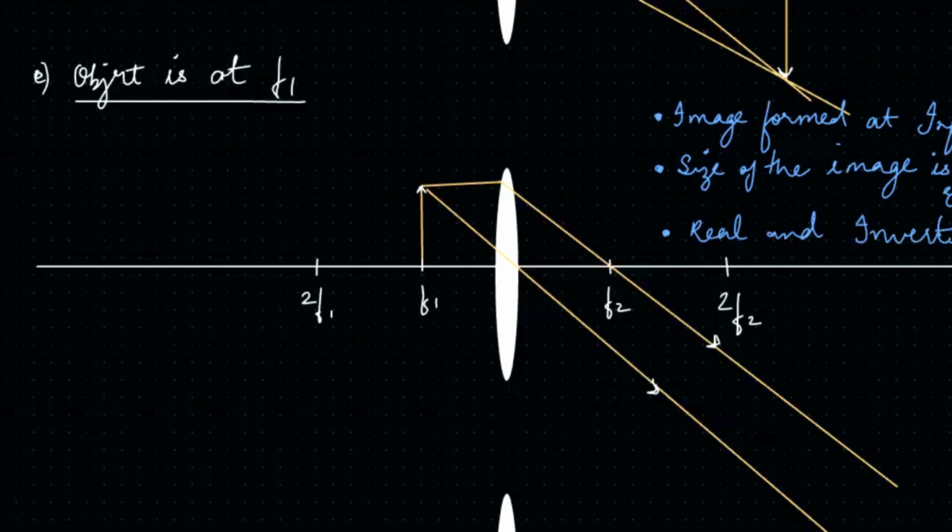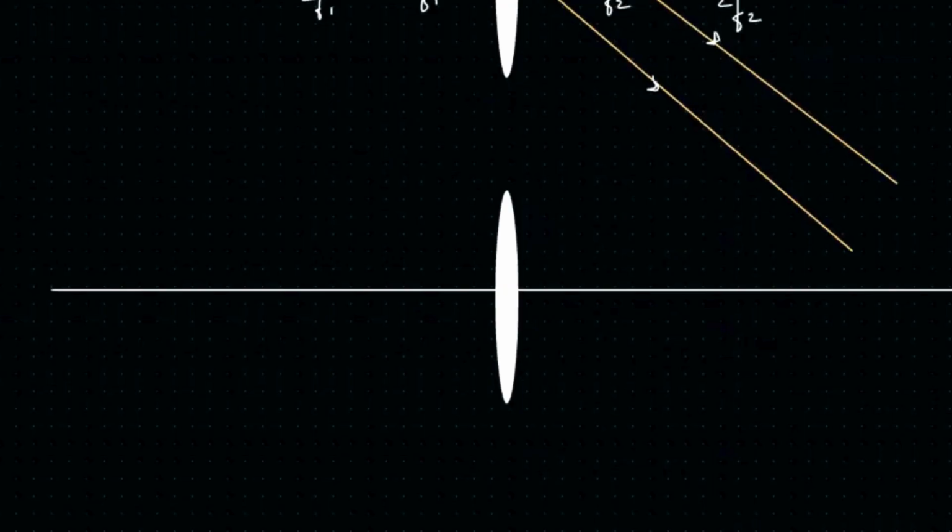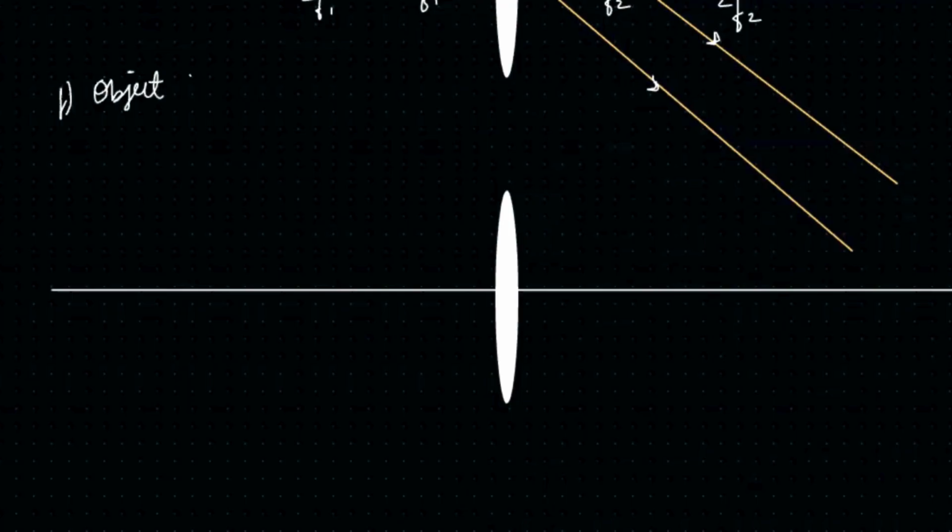Now, the last sixth ray diagram is very, very important, and this is what they generally ask in the question paper in IGCSE paper. So object between F1 and O. We know what is O. O is the optical center.